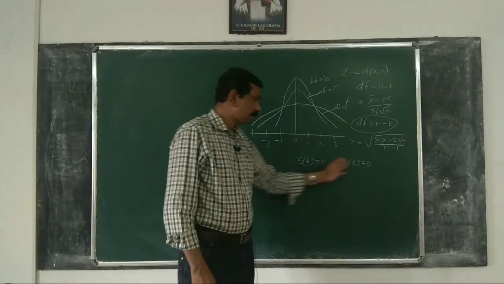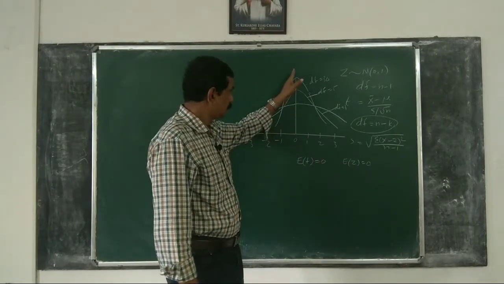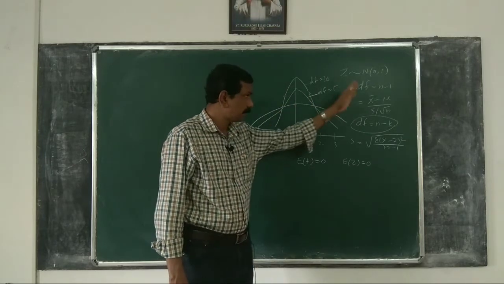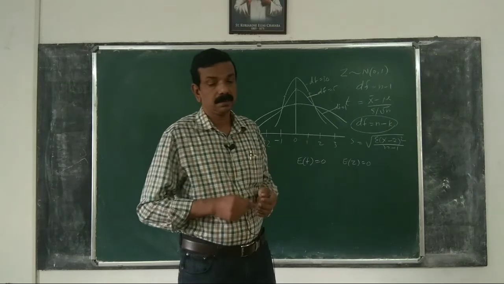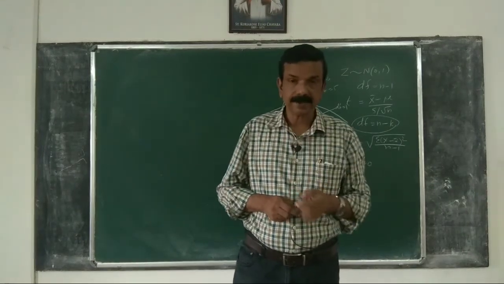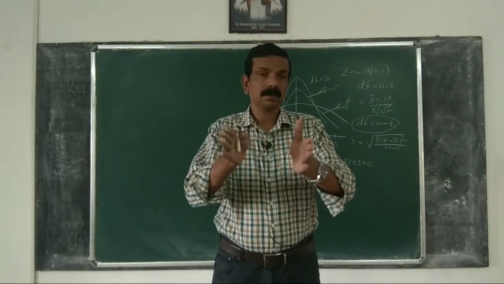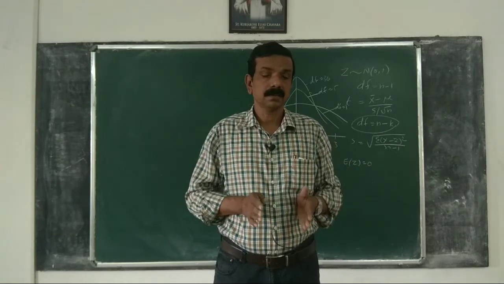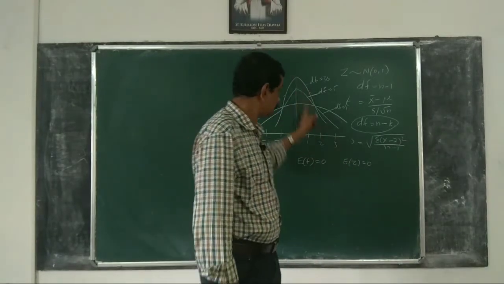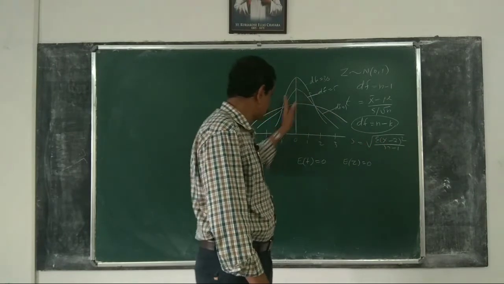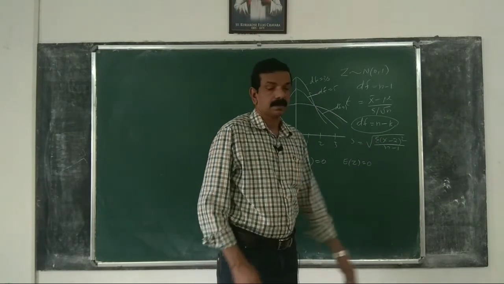A t curve, like a Z curve, extends infinitely in both directions, approaching the horizontal axis, the x-axis, but never touching it.